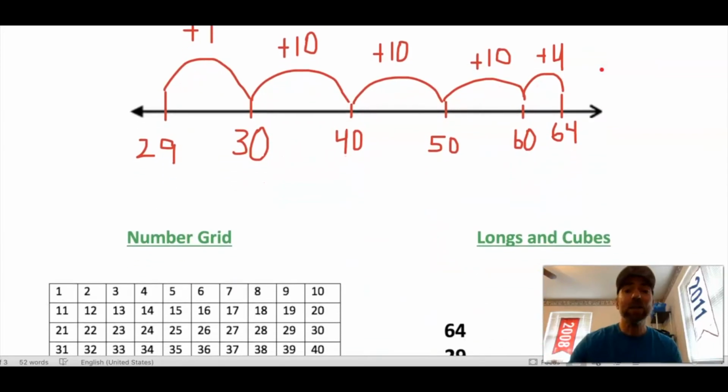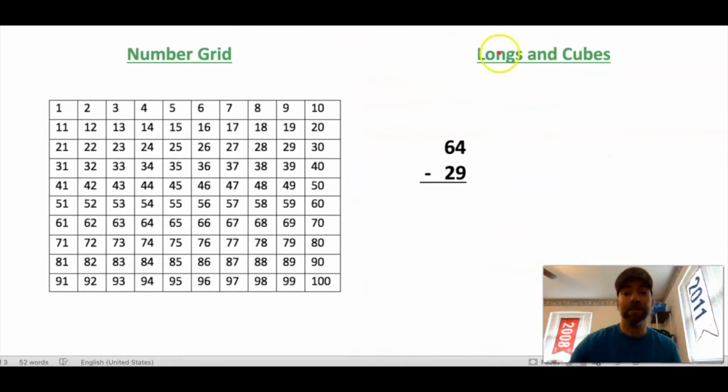Now, we can also do this problem using our number grid. My problem was 64 minus 29. Here's 29, and here's 64. So I'm going to count by tens as I go down. I have 10, 20, 30.